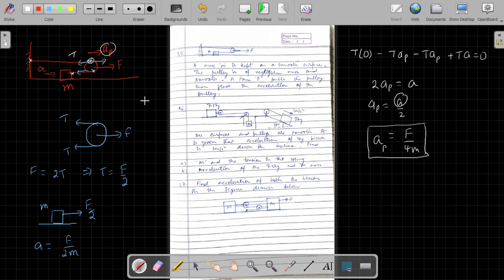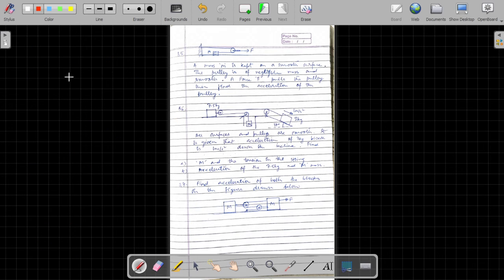Next we have a system of multiple pulleys and a block connected in this way. So let us draw it. So we have a block, and the block is kept on a surface.